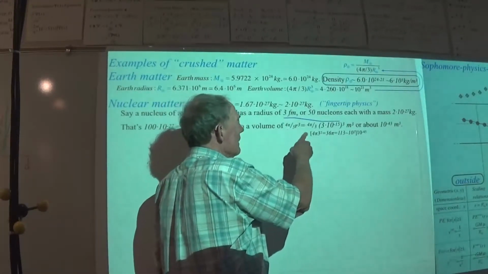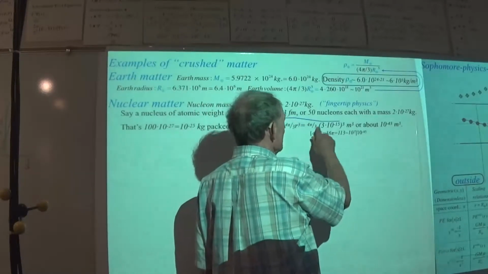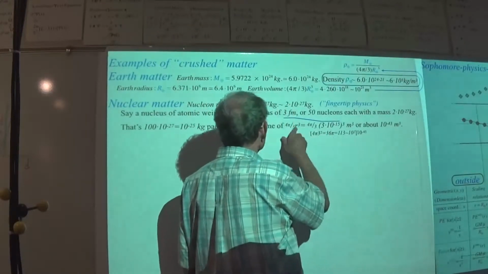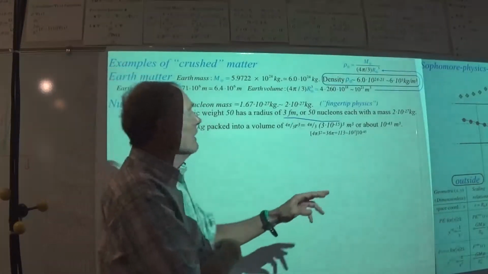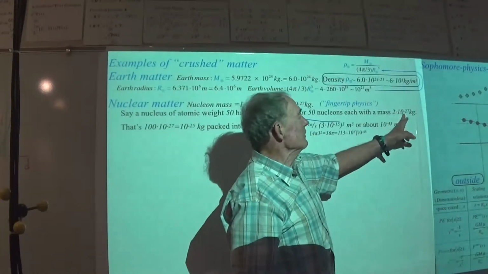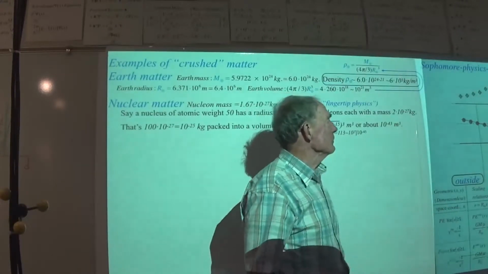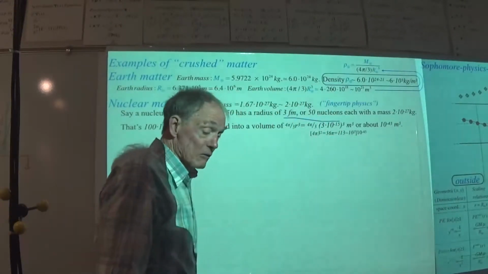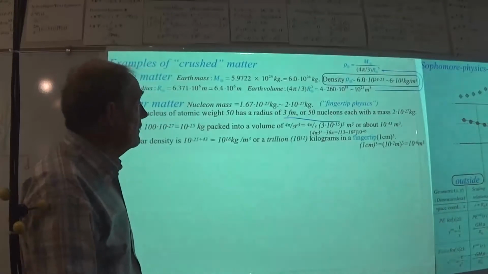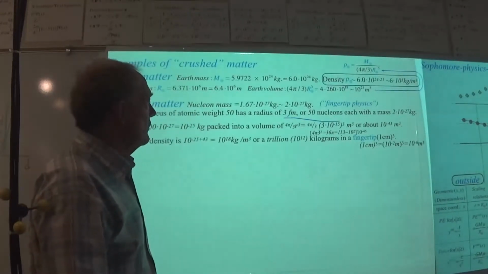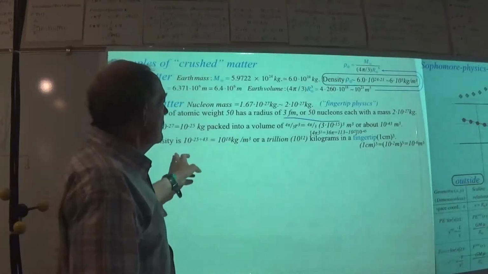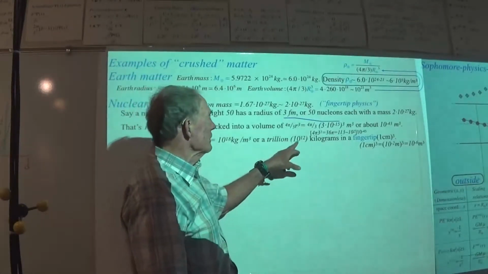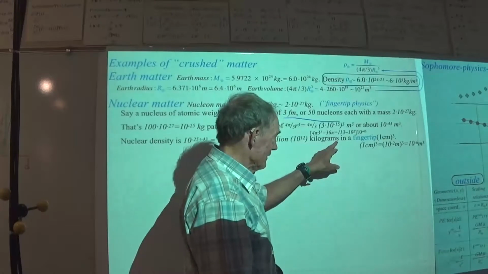And what I'm doing here, if I've got 3 femtometers right there, and I'm talking about packing the mass, where each nucleon, each proton, neutron, roughly 2 times 10 to the minus 27 kilograms, I pack those guys in there, okay, and see, you know, what we've got here. And it turns out to be very close to 1 trillion kilograms.